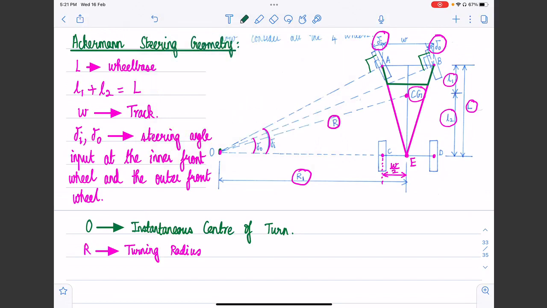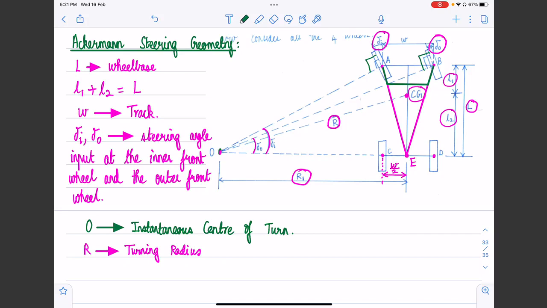So before we go ahead, any questions on this? Sir, why have we assumed the angles to be different for the front wheels? Okay. That's because when we take a turn, the inner wheel needs to travel on an arc of smaller radius than the outer wheel, so it has to be rotated by a larger angle.